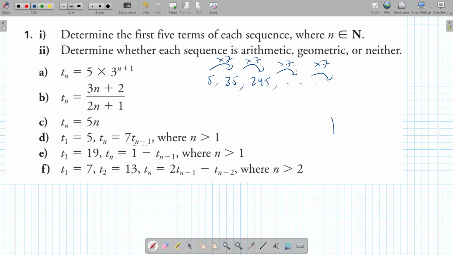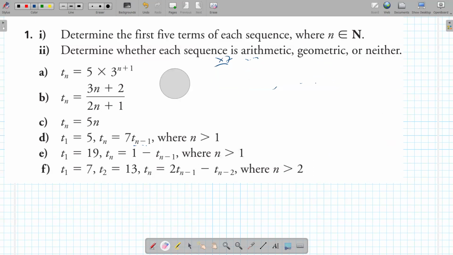Geometric, because T1 is 5, T2 is 35, and T3 is going to be 245. That's definitely not linear because the next term you're multiplying by a common ratio r, 7, unchanged. That's going to be an exponential function, it's geometric.